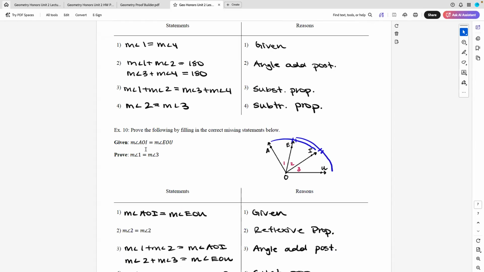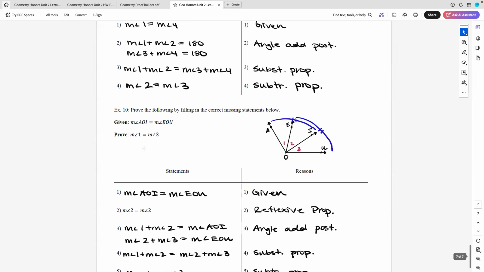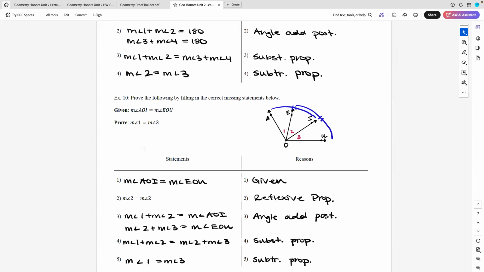So I did angle addition postulate because I established that AOI is the same as 1 and 2, EOU is the same as 2 and 3. And because I know AOI equals EOU, then 1, 2 equals 2, 3. And because you have 2 and 2 identical on each side, you could drop it out, leaving what you want to prove. And voila, you have your proof.